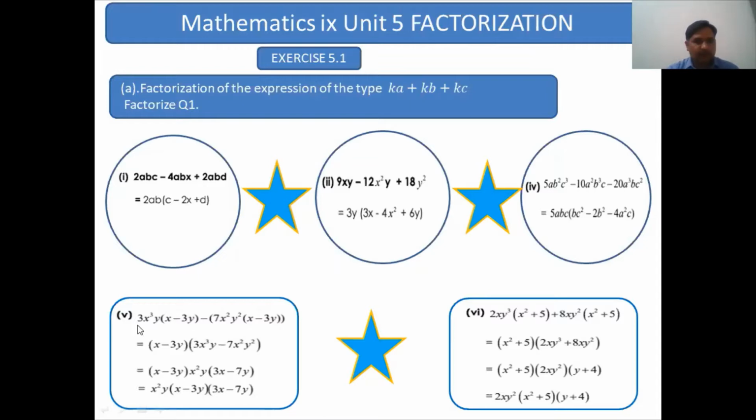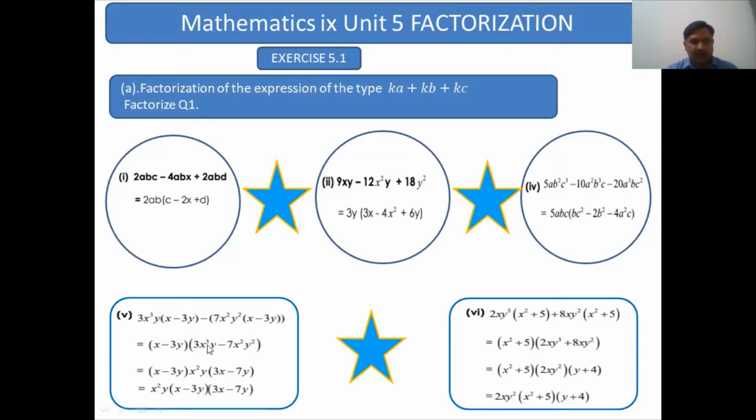So this is the factorization of this expression. Here part 5, 3x cube y into within brackets x minus 3y minus within bracket 7x square y and within bracket x minus 3y. So we can take x minus 3y as a common. So we are left with 3x cube y minus 7x square y square.